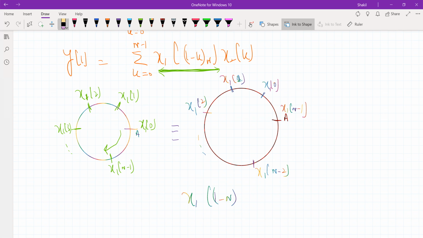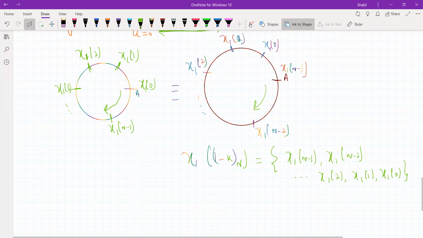How will you read? You will read the values in clockwise direction. Please remember that. So this is x1 of minus 1, x1 of minus 2, so on, x1 of 2, x1 of 1.